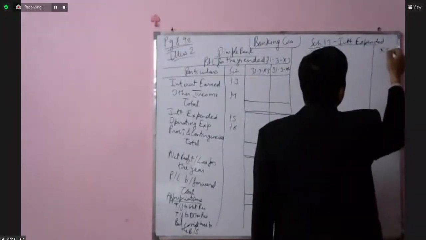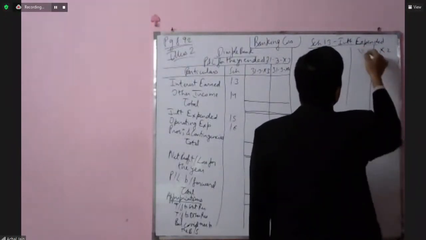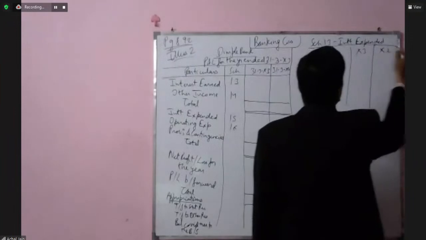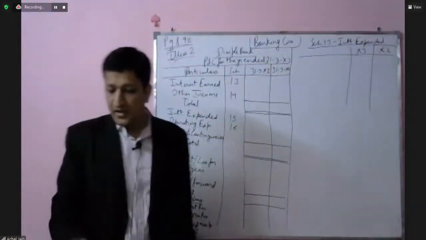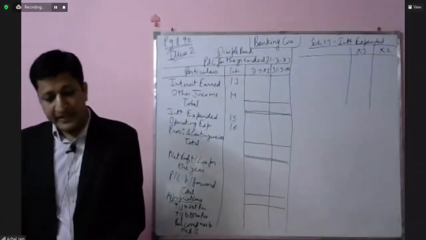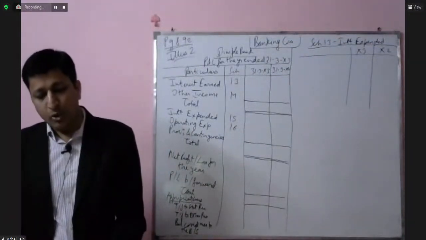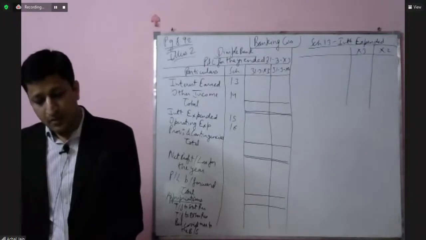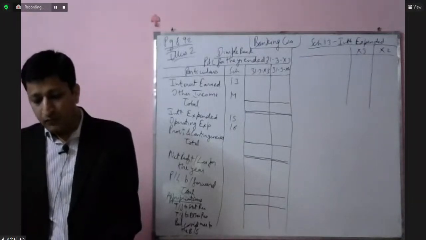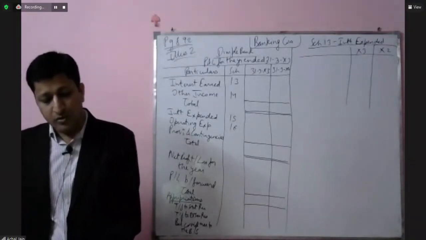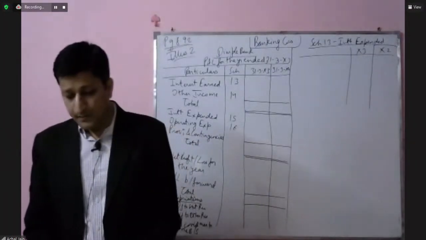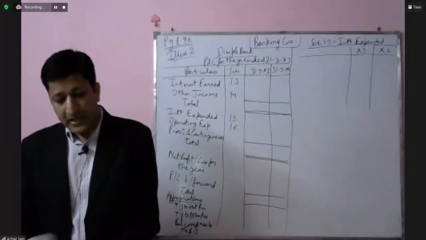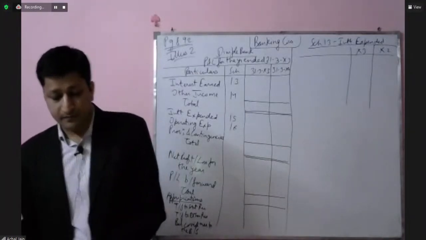So this is for X2, this is for X3. So the first item is what? Interest or discount. Now interest for the current year is what? 2045. And for the last year it was 1427.